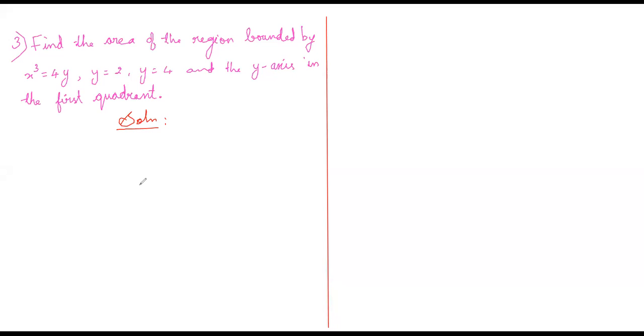Okay, read the question very carefully and find out the region bounded by the given curves for which the area is to be found. Okay, let me read the question. Find the area of the region bounded by x square is equal to 4y.